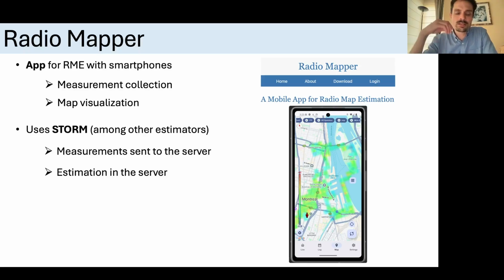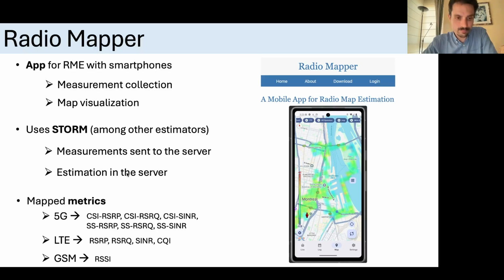The idea is that the measurements are sent to the server, which estimates the maps and sends them back to the smartphone. And among the estimators that we implemented, we included the transformer estimator that I described earlier today.